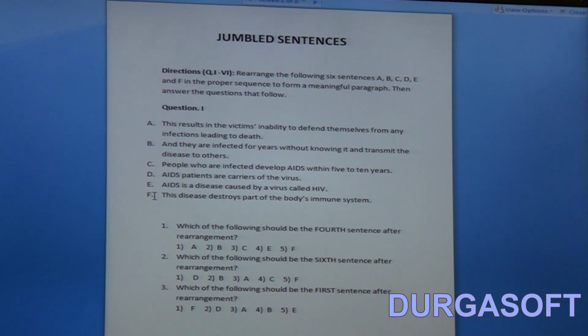Yes, first there must be an introduction about AIDS, right? If I want to speak about AIDS, first I will have to tell what is AIDS. Then I will say what causes it. Then I will say what happens to the patients, right? That is a standard procedure of speaking about a disease. So keeping that in mind, can you find out which is the first sentence?